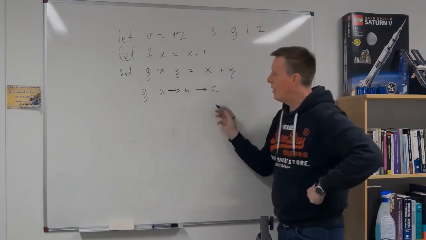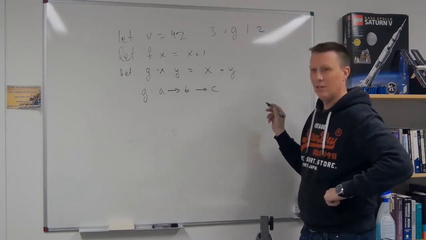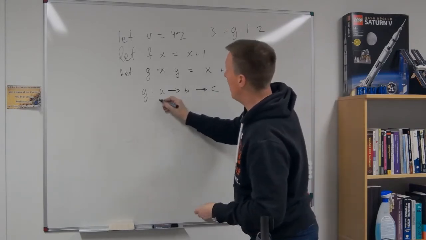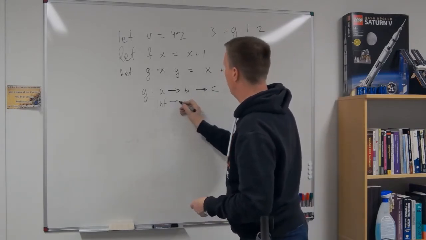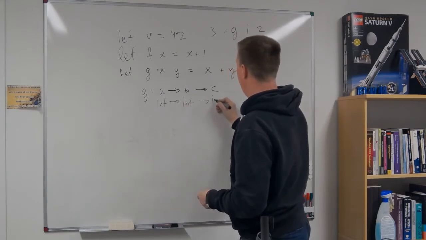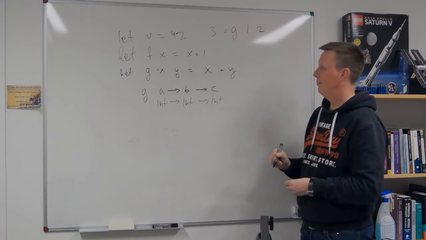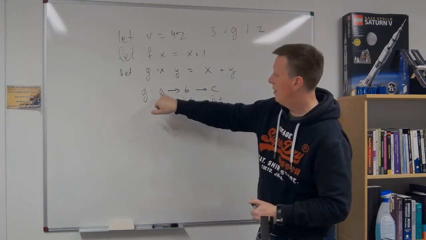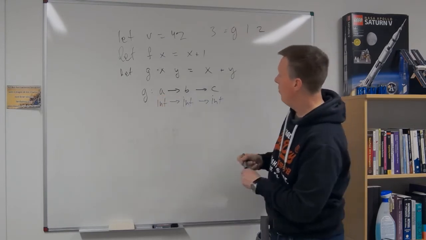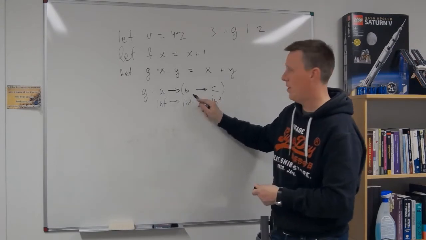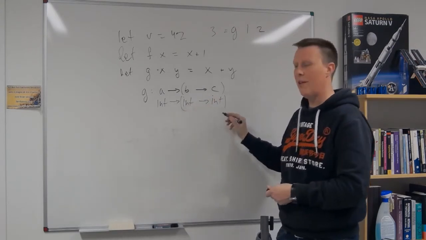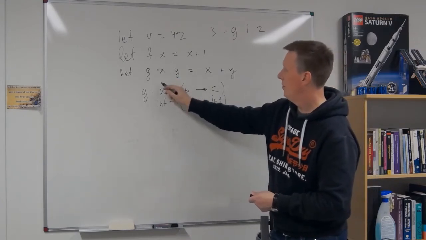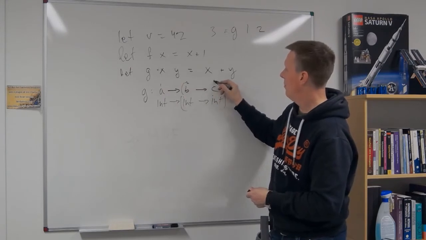In fact, it turns out that this is pretty much a valid type signature in Haskell. So in Haskell and in F sharp, we could just replace a here with, for example, an int, an int and an int. And this is just, g is a function which takes an integer and returns a function which takes an integer, which given an integer produces an integer. Argument 1, argument 2, result.